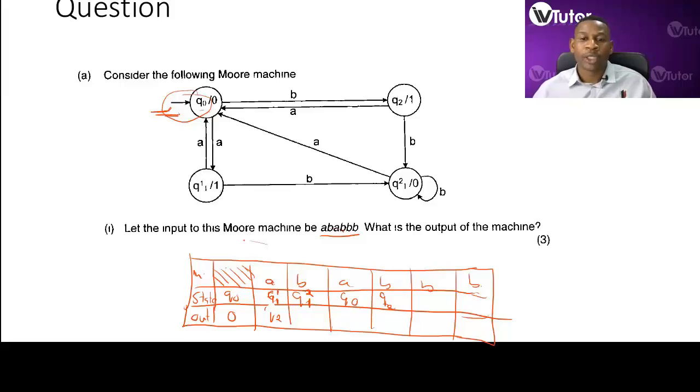Then if you're in Q2 and you read another B, stay in Q2. Read another B, stay in Q2. So if you're in Q1, your output is 1. If you're in Q2, your output is 0.